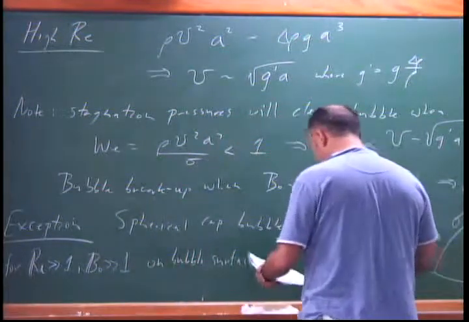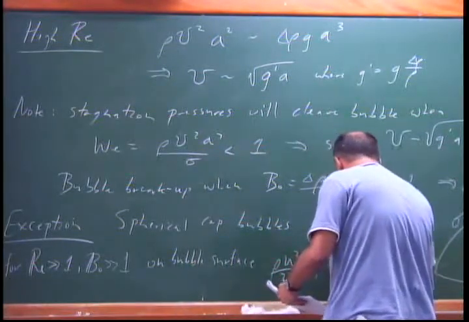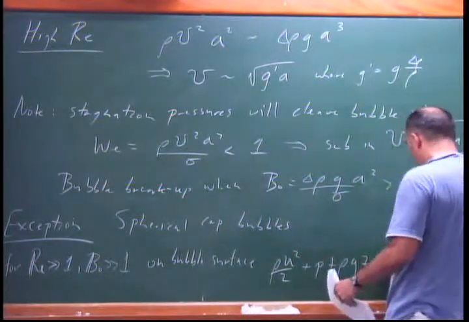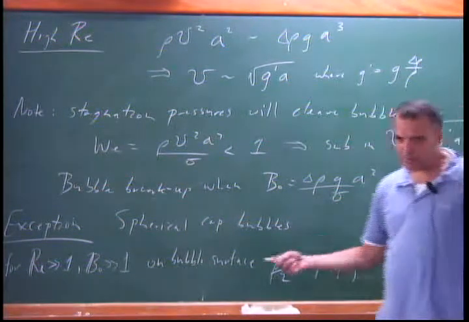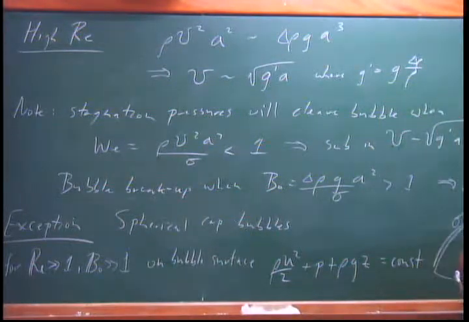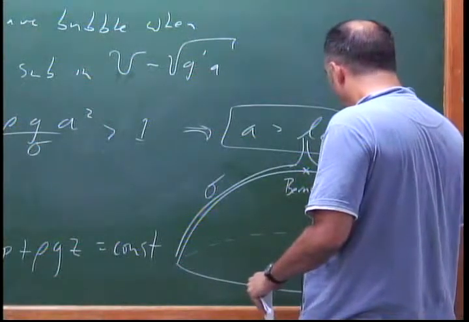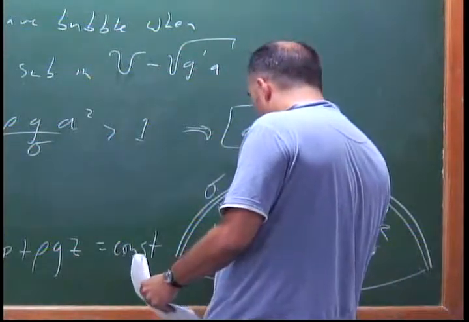But on the surface, you have rho u squared over 2. So on the streamline, P plus rho g z is constant. So this is basically a Bernoulli effect. Here the streamlines look like this, and the change in pressure due to the Bernoulli effect is being compensated by gravity. So you have basically a Bernoulli high here, and here you have the hydrostatic high.